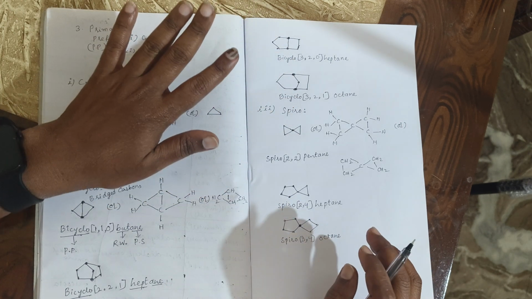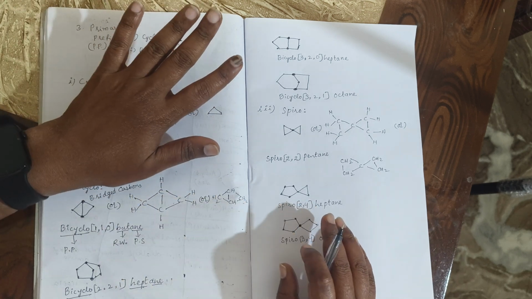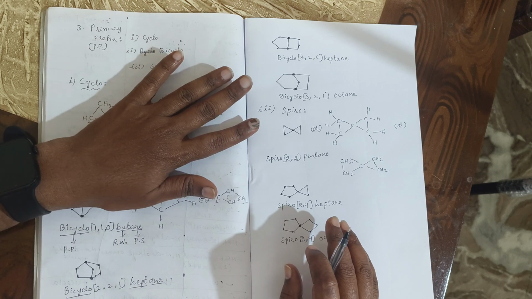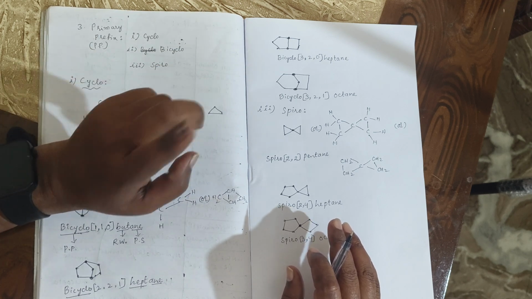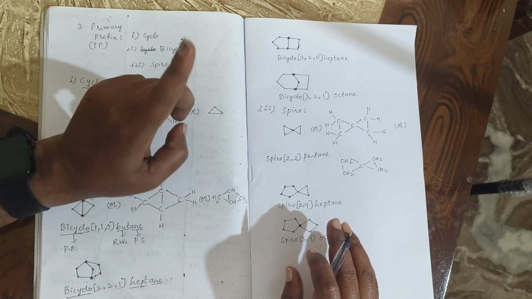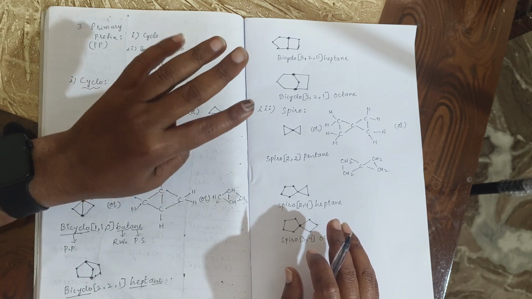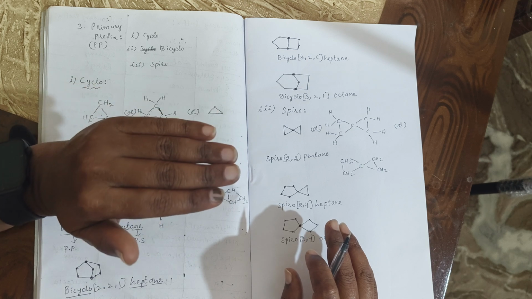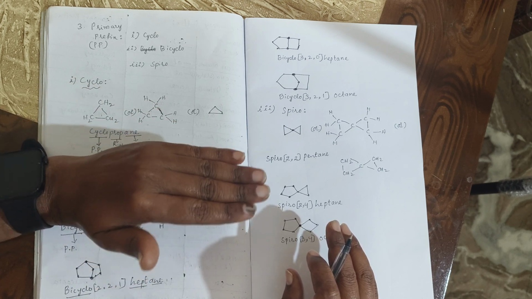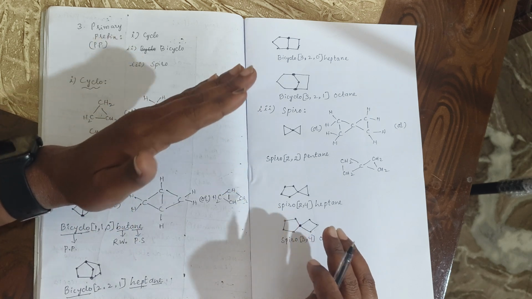This is all about the three parts we have seen till now. First one, root word, meaning how to write it: one carbon means meth, two means eth, three means prop, then but, pent, hex, hept, and so on, based on the number of carbon atoms in the organic compound.